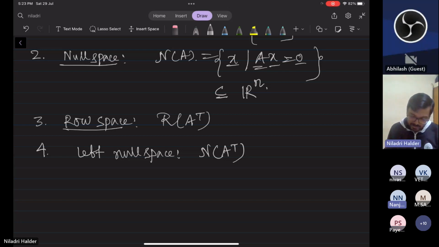Not the entire vector will be 0. Suppose the null space will contain x, which x? Such that Ax should be 0.